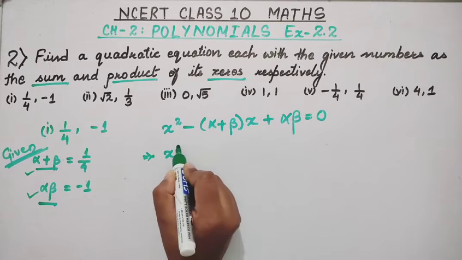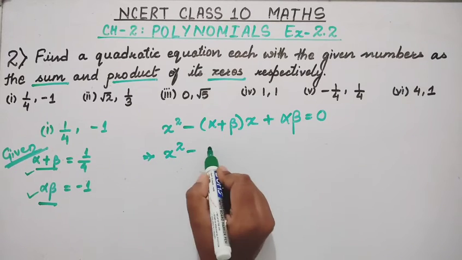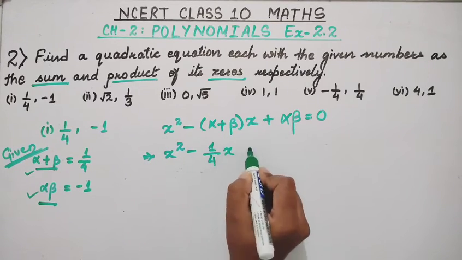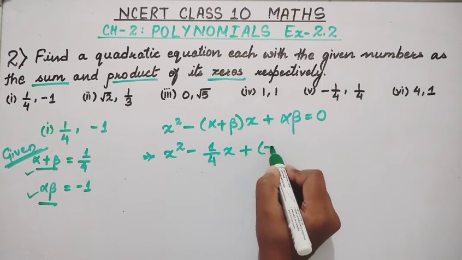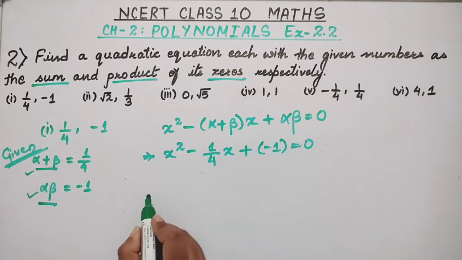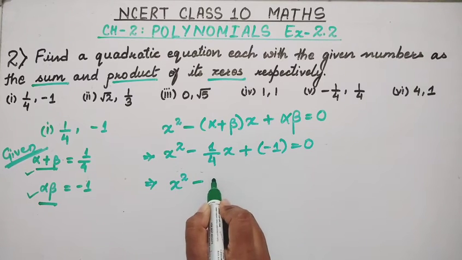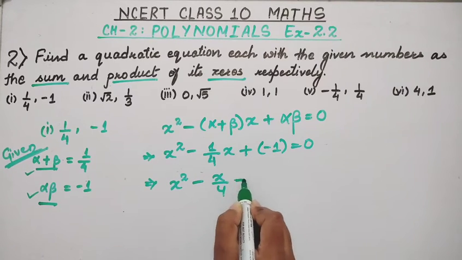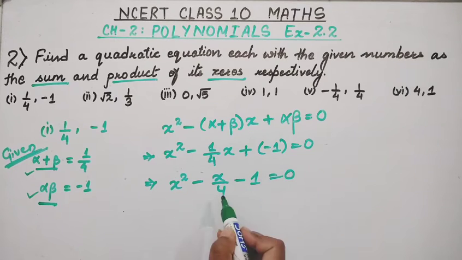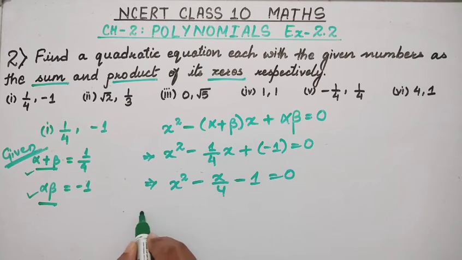Putting the values of alpha plus beta, that is 1/4, into x, plus alpha beta, which is -1, equals 0, we have x square minus x/4 minus 1 equals 0. We can send this 4 to the right hand side, or let me write it in a simpler, more understandable form.